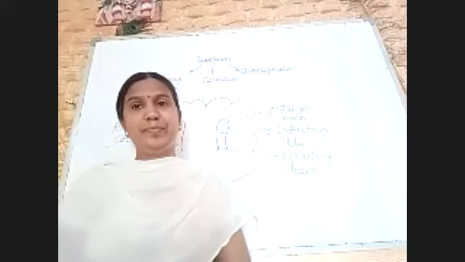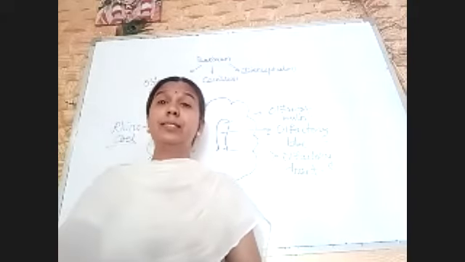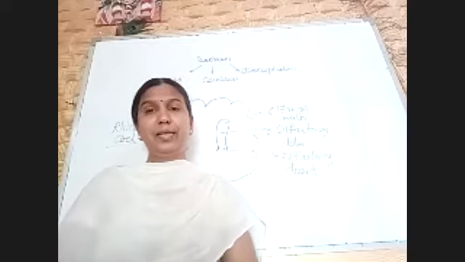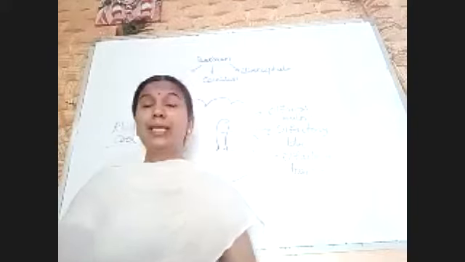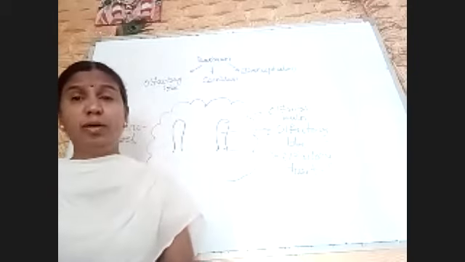Our smelling power is sufficient for us to smell different things, but it is more developed in dogs, and so a dog is able to smell so many different things. So this is about the olfactory lobe.